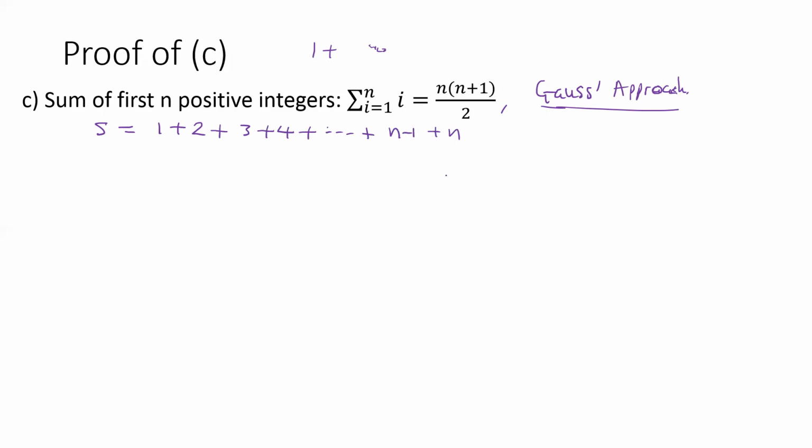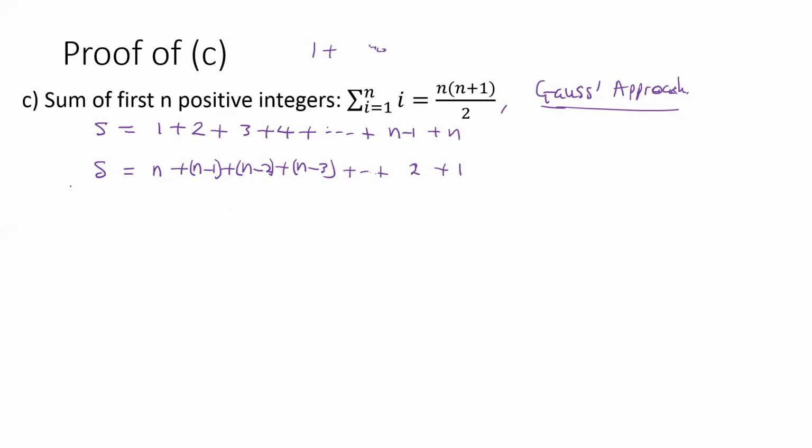Then we're going to write this in reverse. We're still writing S, but in reverse order: n plus n minus 1, plus n minus 2, plus n minus 3. Let's put all this together so that you know that. Then the end will be 2, and this will be 1.